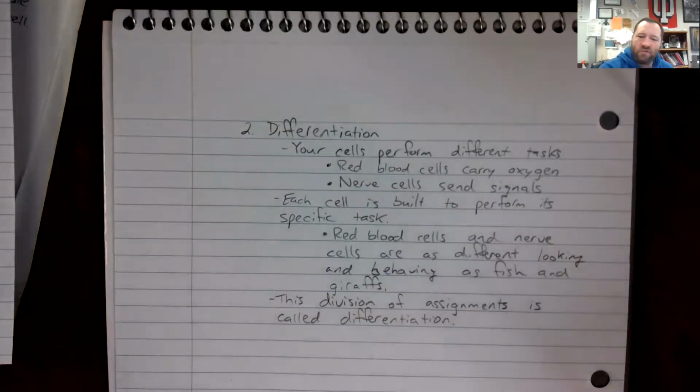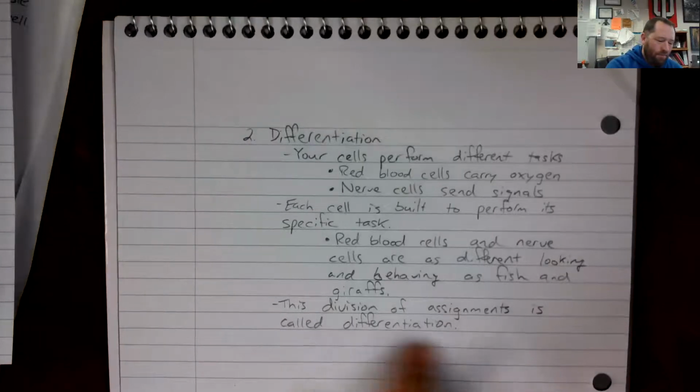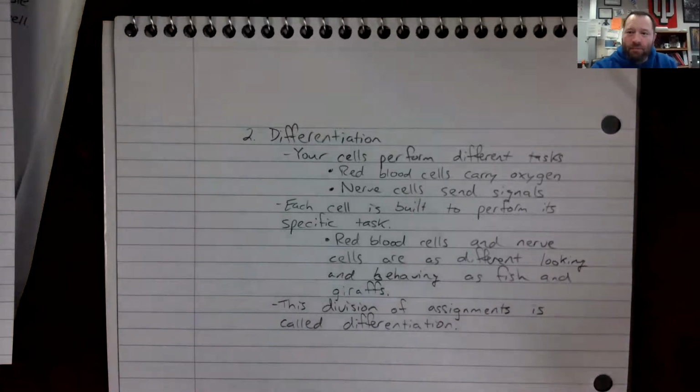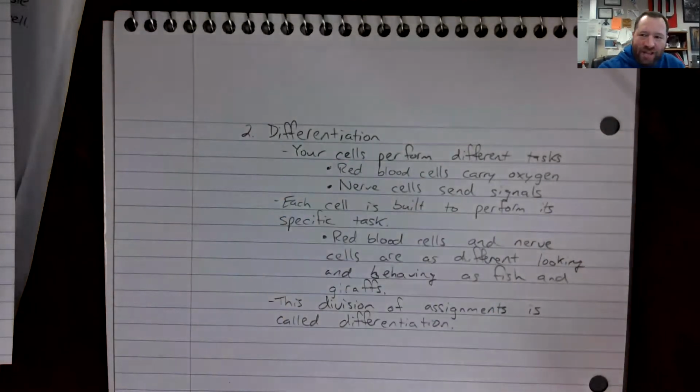This division of assignments that the cells in your body take up is called differentiation. And that's another reason why we have so many but very small cells, is that your small little cells, and as many as you have, they all have different tasks to do to keep you running.